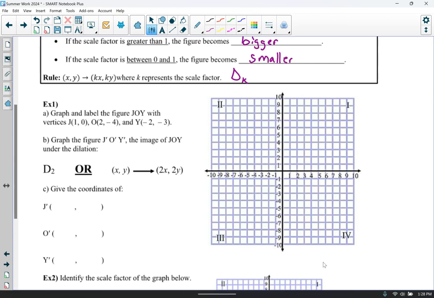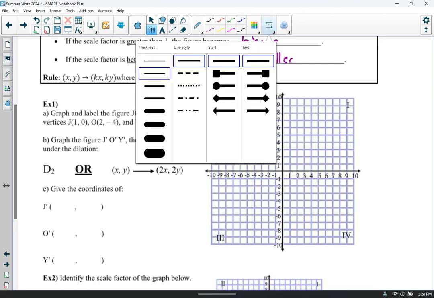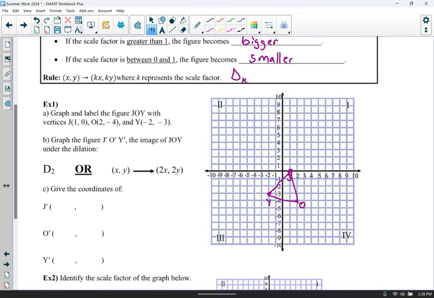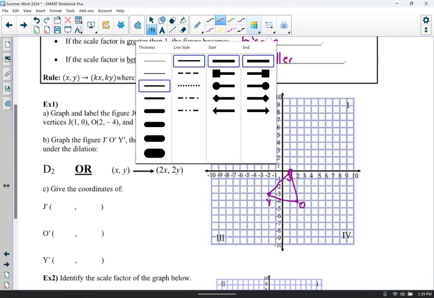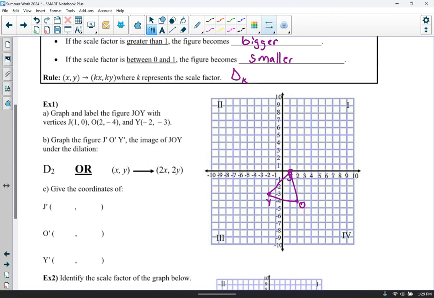So let's start by just graphing it. Right? J is (1, 0). We'll go from there. Here we have triangle JOY, our pre-image. Now for our image, we're going to be using a dilation with a scale factor of 2. So the fact that that number is bigger than 1, I know it's going to make our figure bigger.